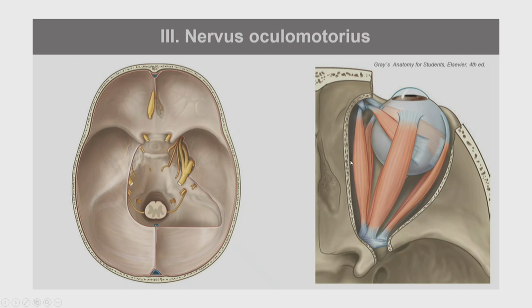So the oculomotor nerve innervates all the voluntary extraocular muscles of the eye, except the superior oblique, which is innervated by cranial nerve 4, and the lateral rectus muscle, which is innervated by cranial nerve 6. The rest of the muscles, which I will show you in the next slide, are innervated by the oculomotor nerve.